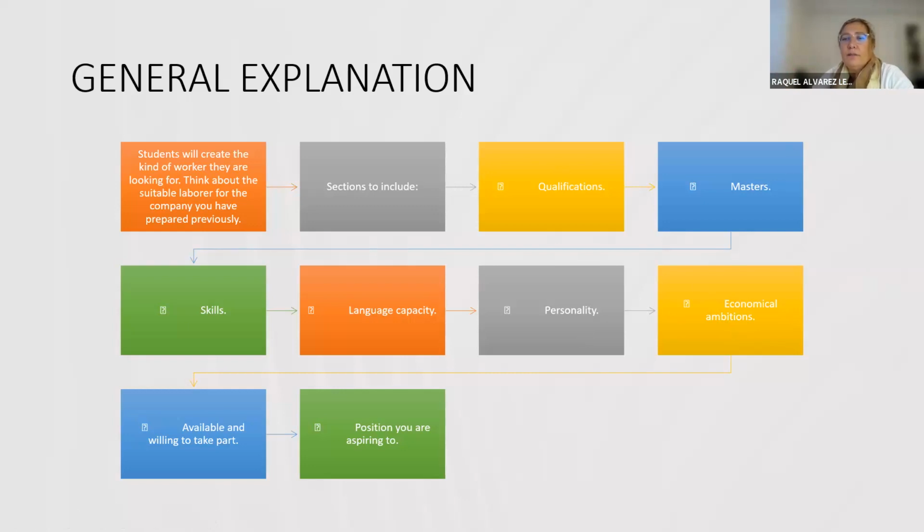So, well, it's important to know what the economical ambitions of your worker are, and also what possibilities you, as the CEO of the company, are going to offer, okay?